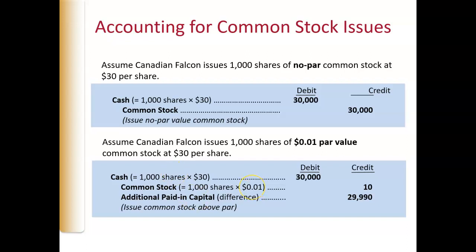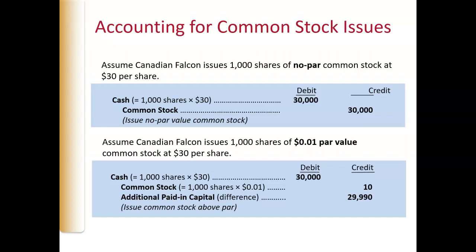So the 1 cent times 1,000 shares is $10. So the only piece that goes into the common stock is the par value. And then everything else above and beyond that par value is credited to additional paid-in capital.